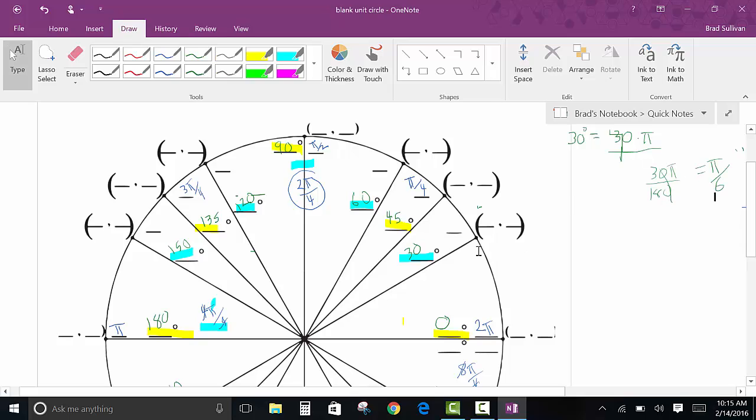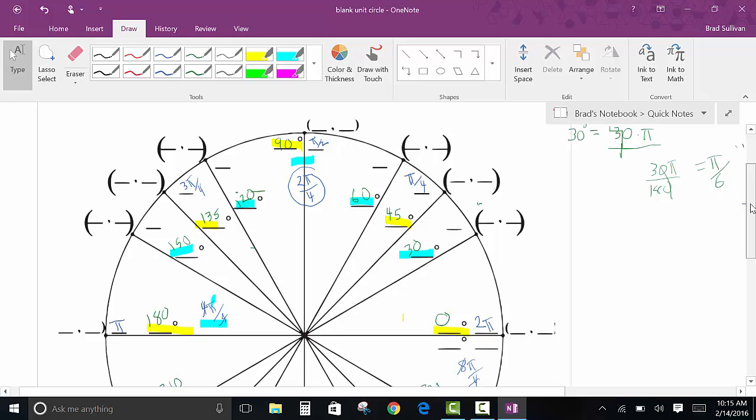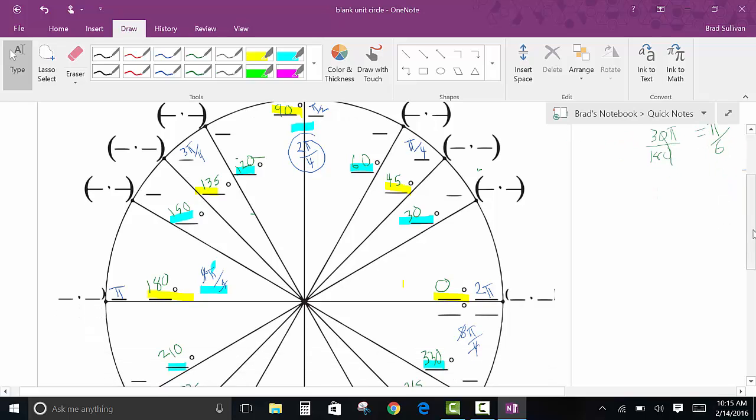Now I'll go through the rest of this unit circle, writing these things out and then reducing the fractions as I need to. So that's pi over 6. The next place is 2 pi over 6. Then 3 pi over 6, 4 pi over 6, I just keep counting. 5 pi over 6, that's already reduced, so I'll write that in the blank.